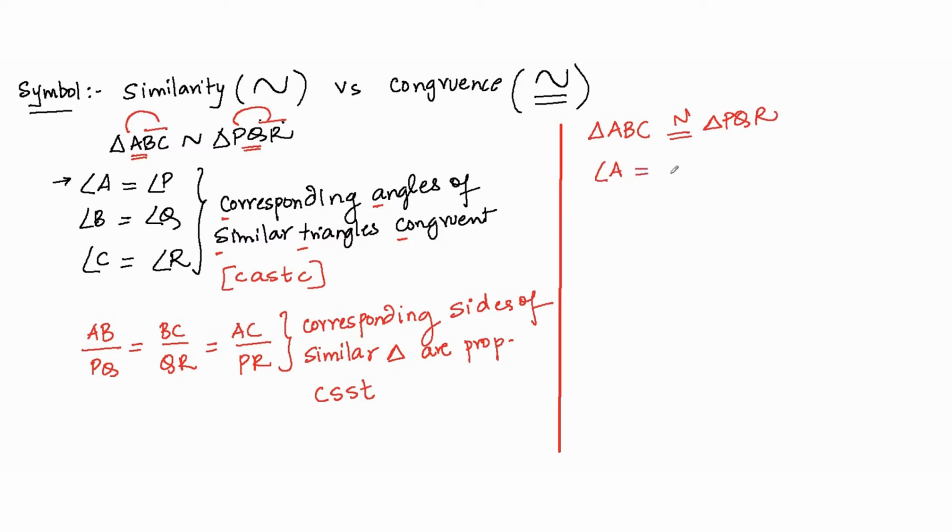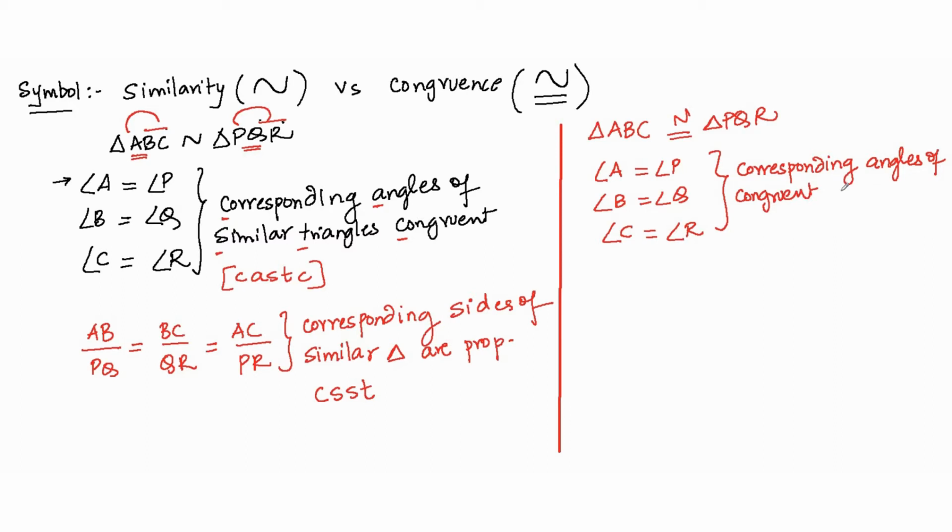Angle A equals angle P, angle B equals angle Q, because those are the corresponding vertices, and angle C equals angle R. So these would be corresponding angles of congruent triangles are congruent.